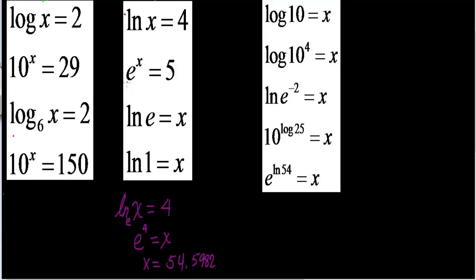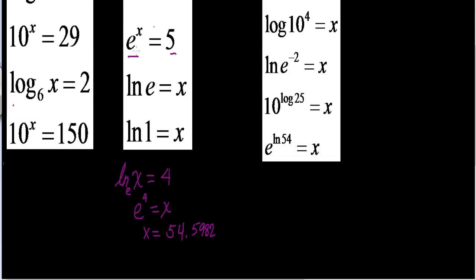Now we're going to do this one, e to the x equals 5. I'm going to write it over here to the side, number 2. E to the x is equal to 5. Notice whenever we have an exponential form, we go straight and we change it into log form. When we have log form, we change it into exponential form. That's the trick.